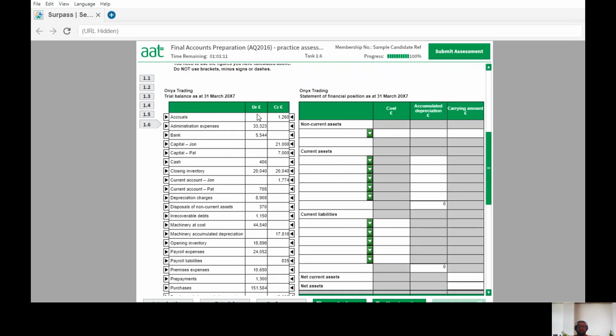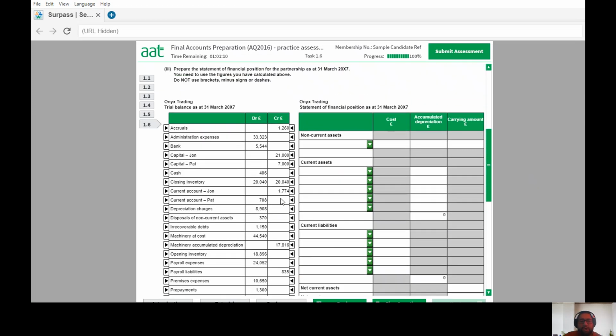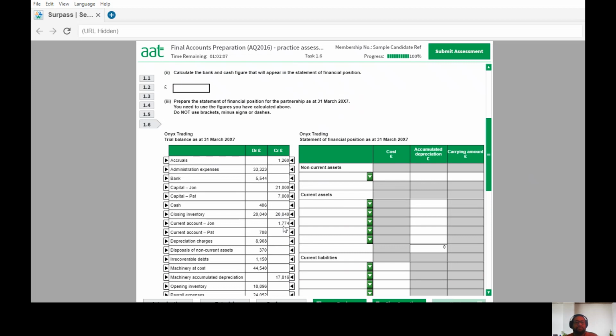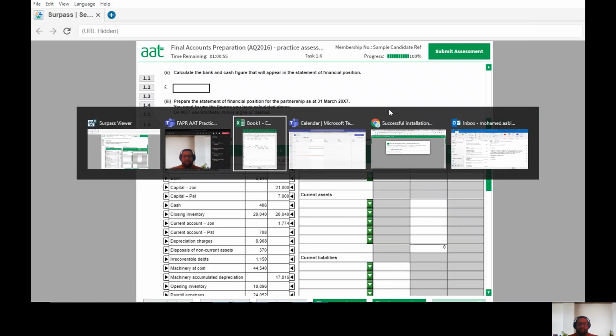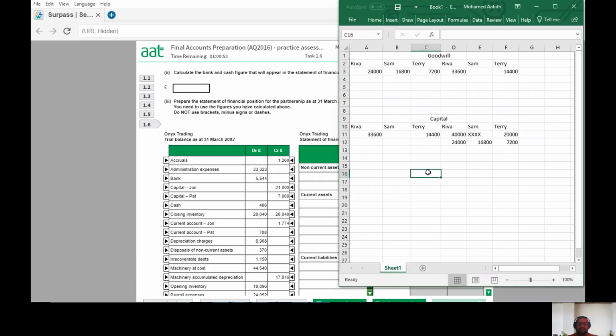Okay, so initially, John has 1,774 on the credit, and Pat has 708 pounds on debit. So what we need to do, let's bring our spreadsheet up so we'll be able to do this account. Here, let's delete this all. Current account.